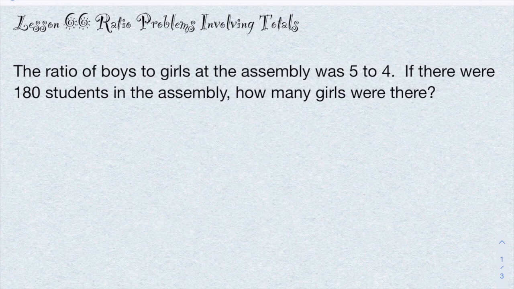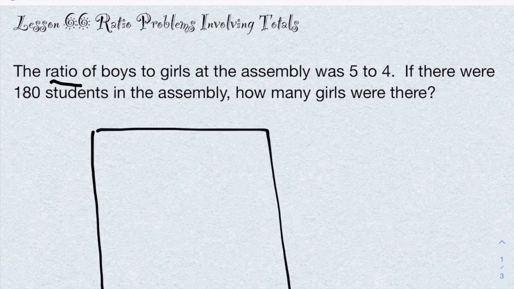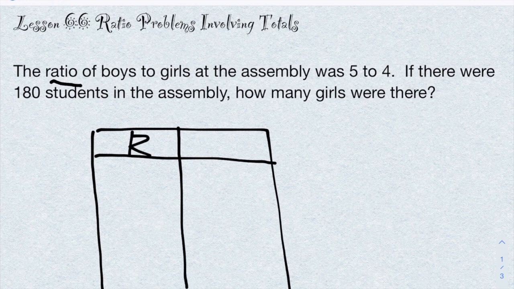Whenever I see the word ratio, I'm going to make a ratio box. Now this is going to be a little different than previous ratio boxes, and if you look closely in your book, you will see why.